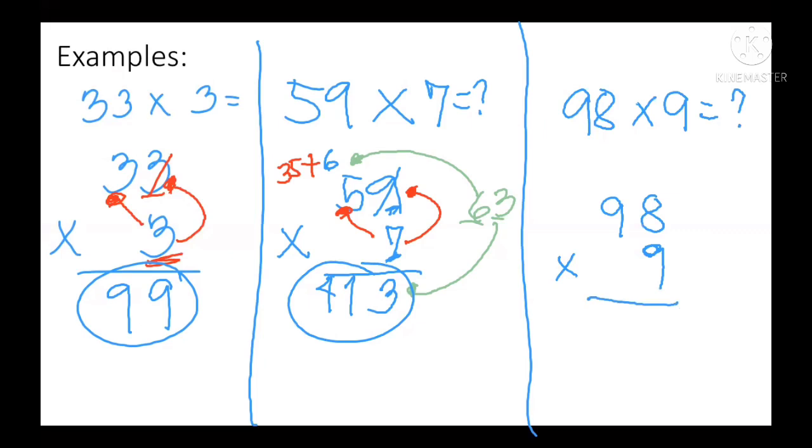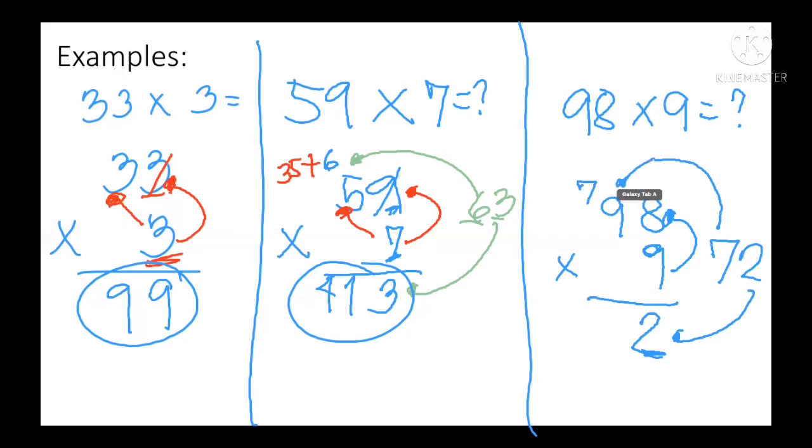So what number do I need to put here? 2, correct? Why 2? It's because 9 times 8 is 72, right? So 2 will be put here, and then 7 will go up there. All right? So 7 will go here.